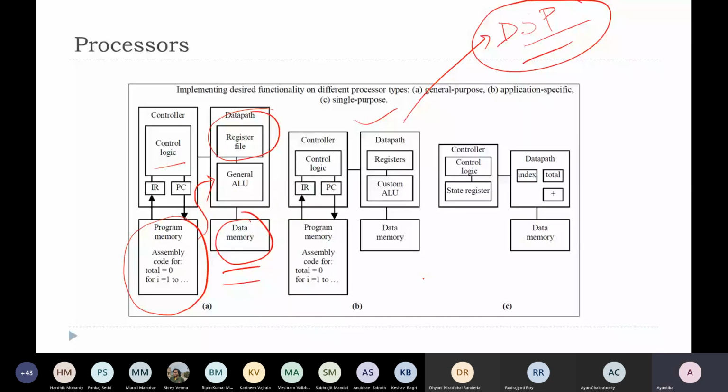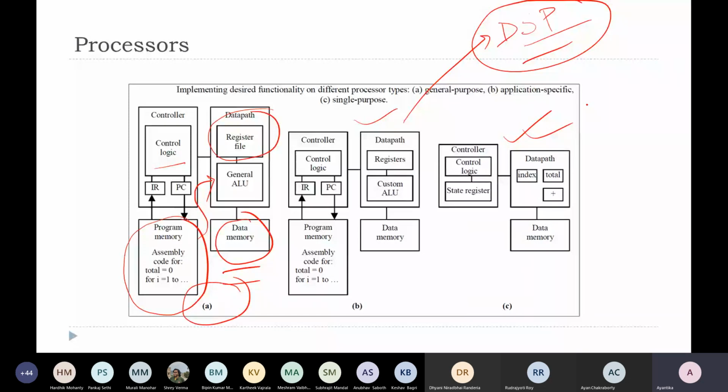So for this reason, whatever maximum performance you can get in general purpose processing is restricted, and it cannot go beyond a particular limit. That's why, based on your real-time requirement, you have to decide whether you can always take the easy path of accepting general purpose processing and writing a few lines of soft code, or you have to move to a single purpose processor.